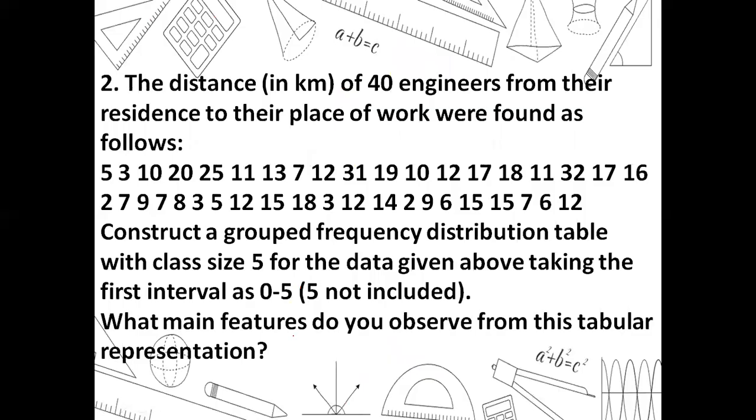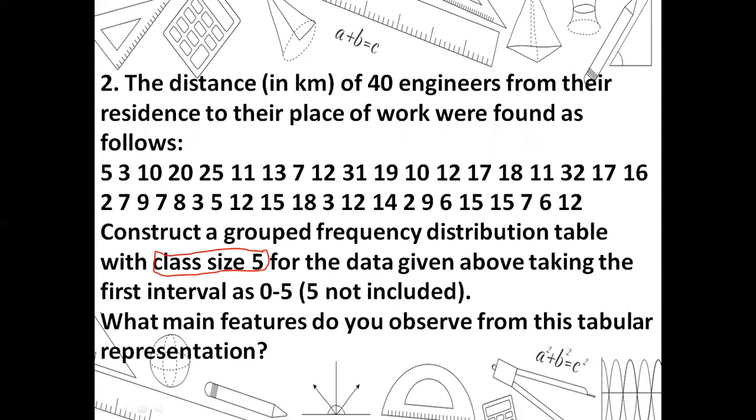Now here we are told that the distances in kilometers of 40 engineers from their residence to their place of work were found, and the data is given. We are to construct a grouped frequency distribution table with class size 5, taking the first interval as 0 to 5. So the class size has to be 5 for the given data.